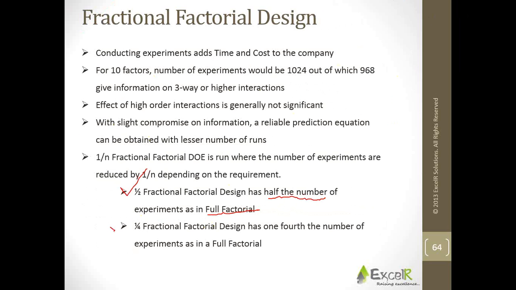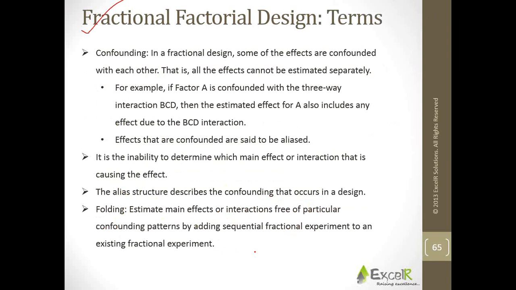If I say 1/4 fractional factorial design, then I'm going to run only 1/4 of the number of experiments as in full factorial. So fractional factorial is nothing but reducing the number of experiments that are run, but still trying to get some meaningful information.